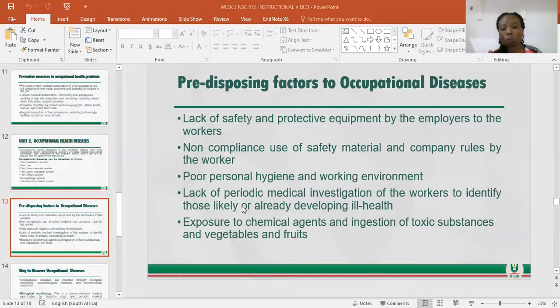As they progress in the work, it is important to also do periodic medical examination to know if the work is having a stress on their health. This can help you as a nurse to advise their employer to relocate them to another section that will be less risky to their health. And lastly, we have exposure to chemical agents and ingestion of toxic substances.